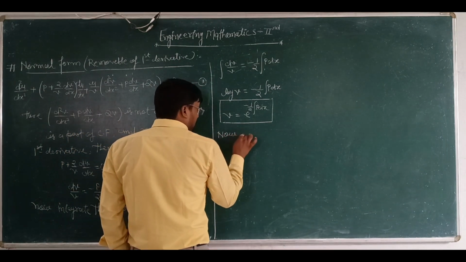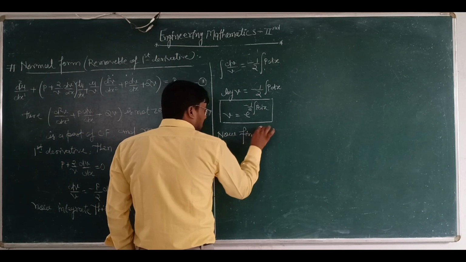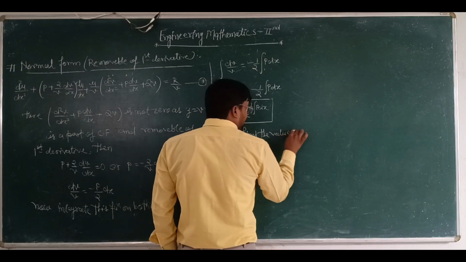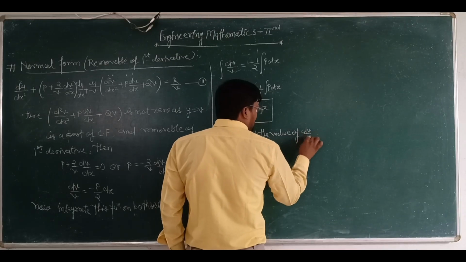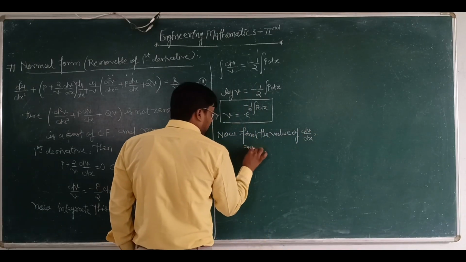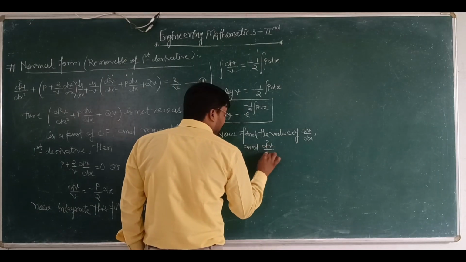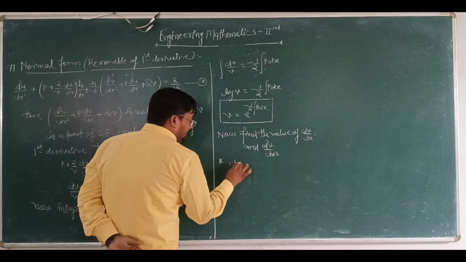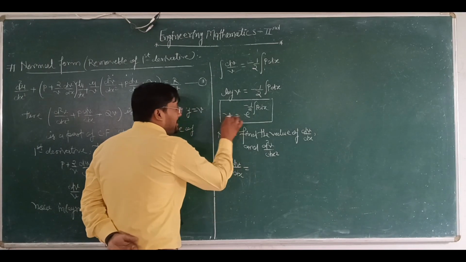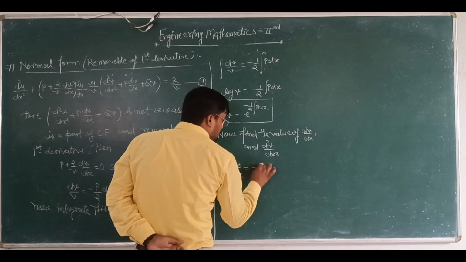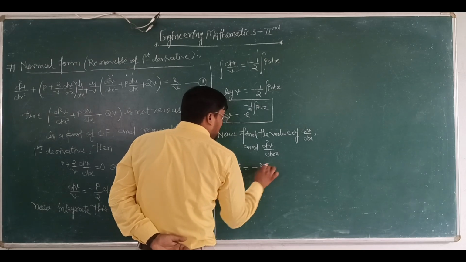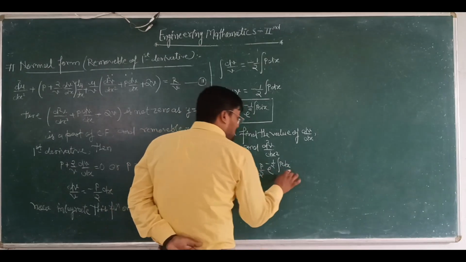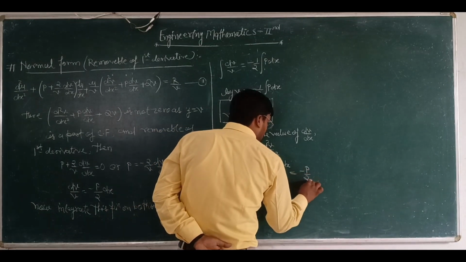Now find the value of dv by dx and d2v of dx2. First, you can find dv by dx. dv by dx is equal to minus p by 2 into v.